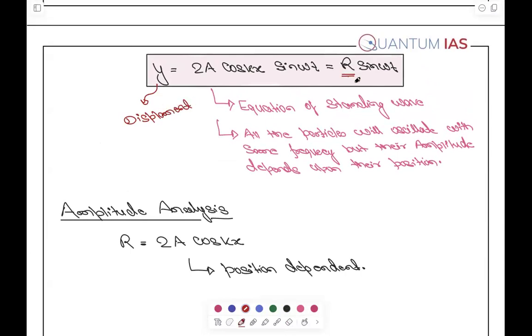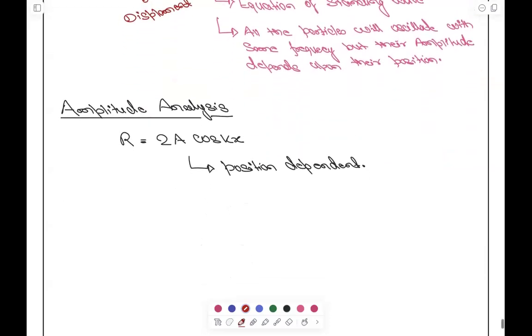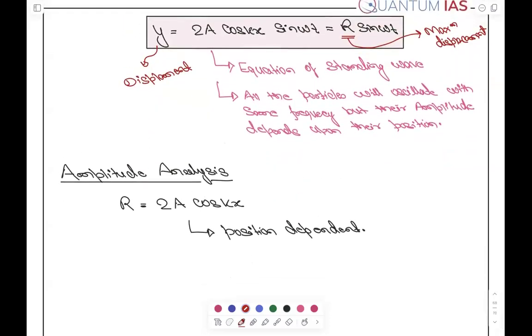This R is the maximum displacement. Remember, it can never displace more than this. So I am not writing that the displacement is governed by this equation, I am writing the amplitude. Maximum displacement will also be position dependent, right?